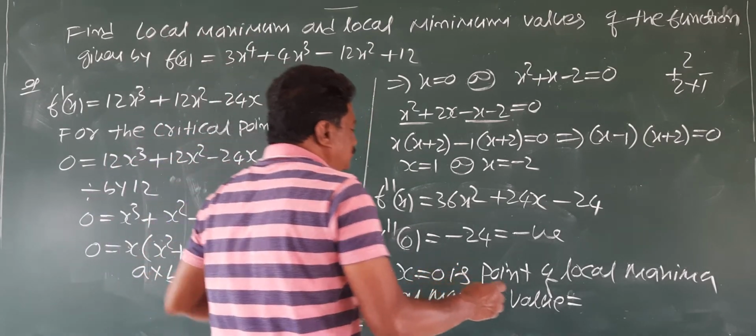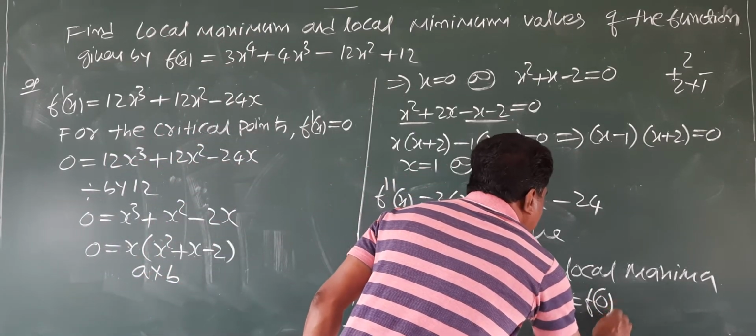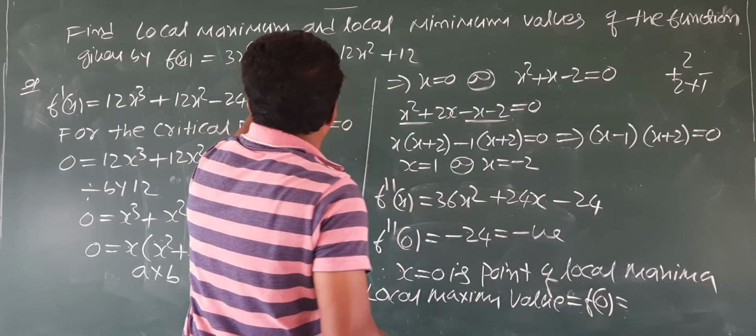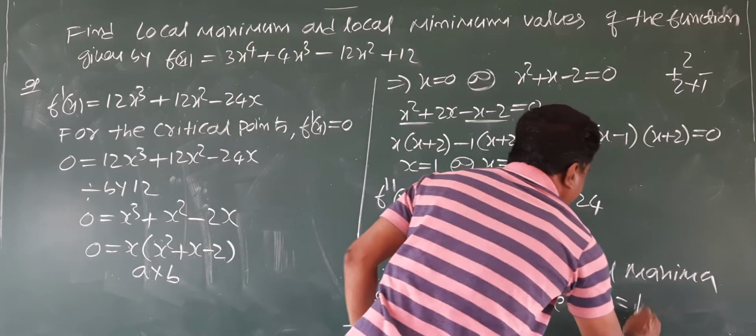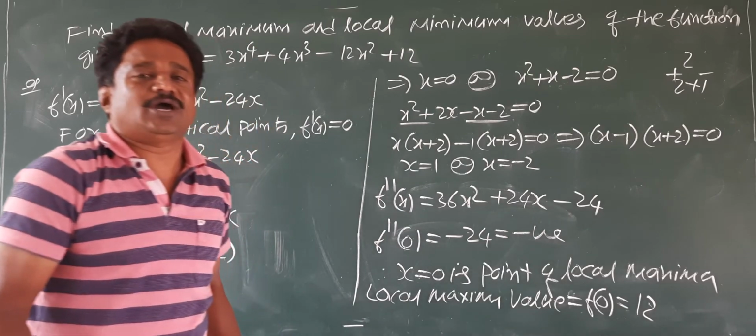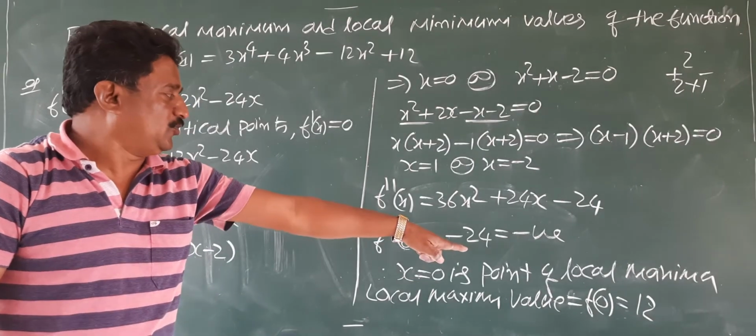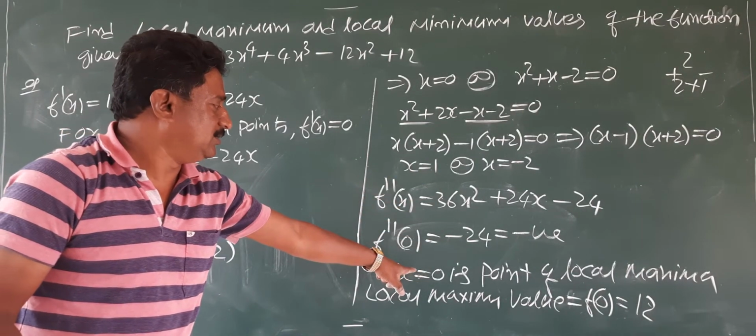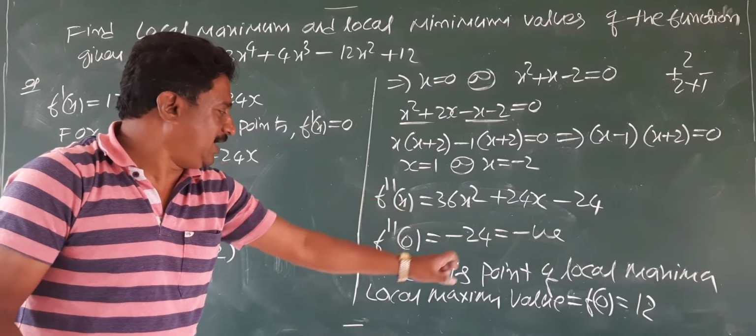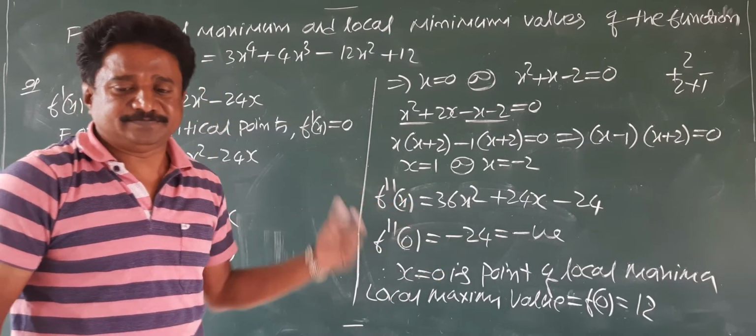So write f(0). 0, 0, 0, it is 12. How much is the local maximum value, students? 12. Observe the difference: point of local maximum versus local maximum value.